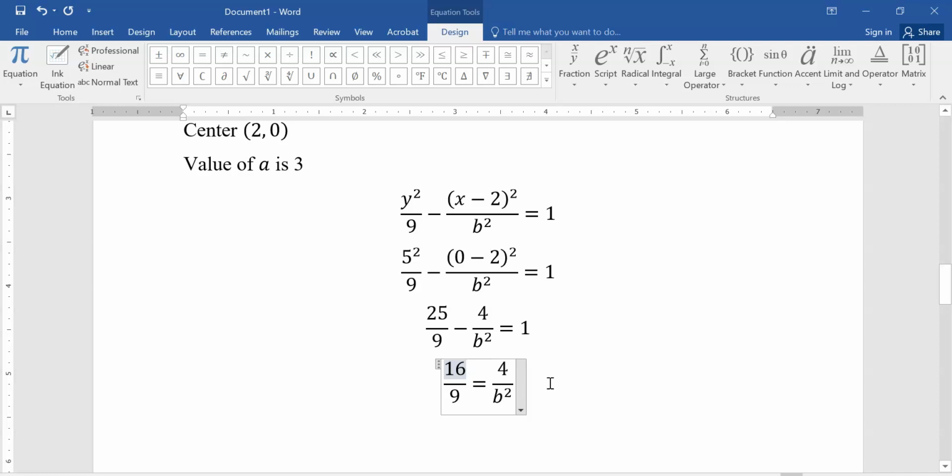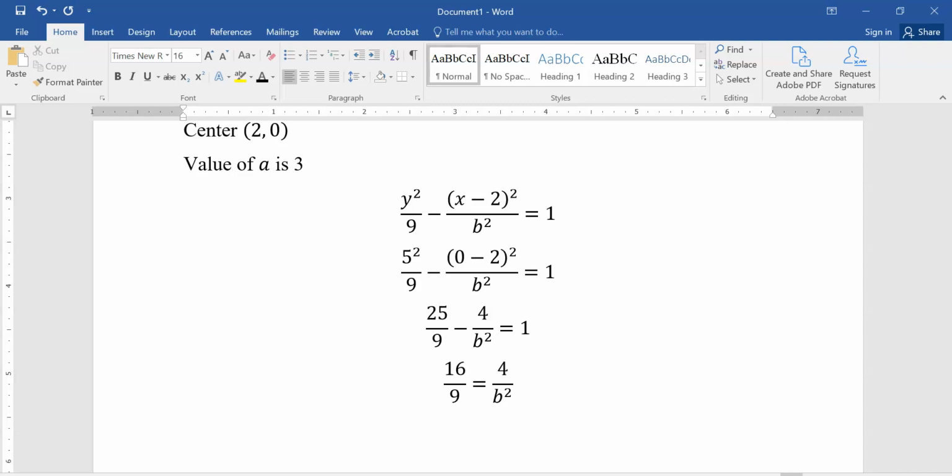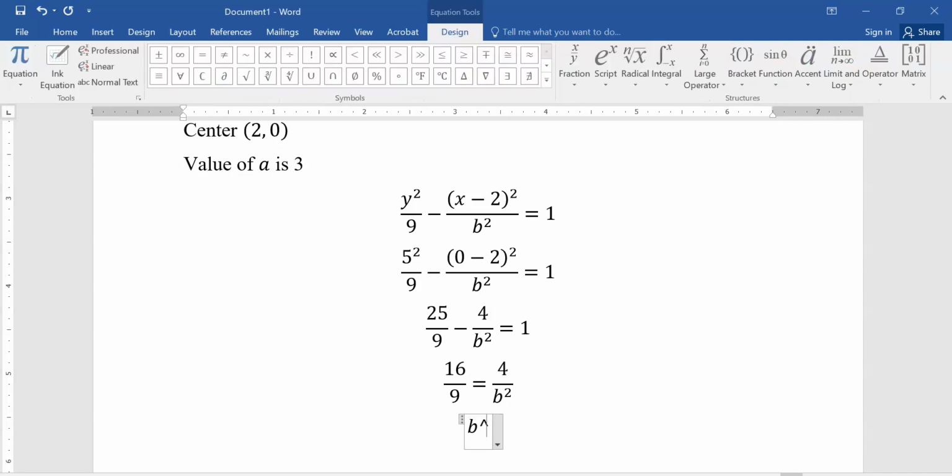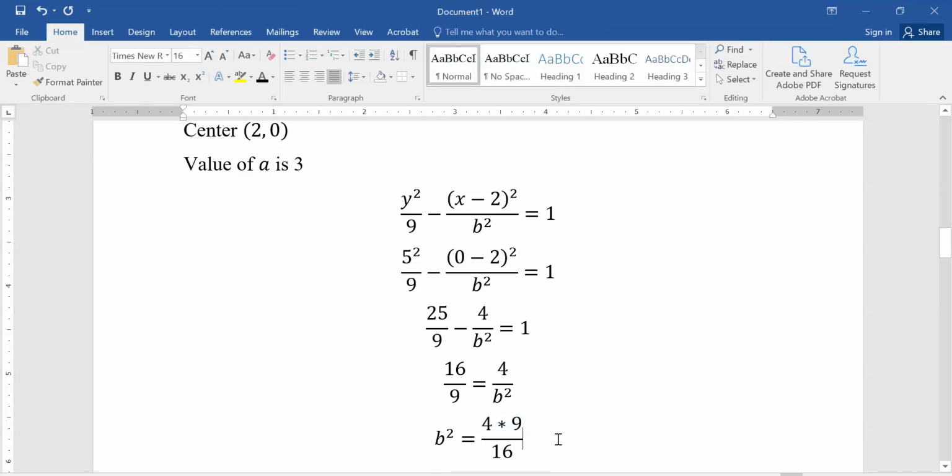You can cross multiply, figure out those types of things. b squared would have to have been 4 times 9 over 16. However you'd like to write that, 4 times 9 over 16 like that, or like I had it before.